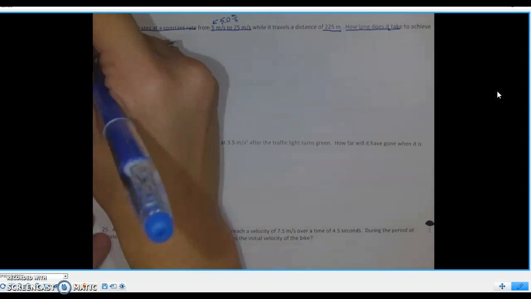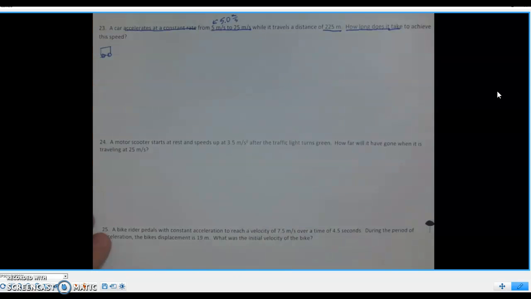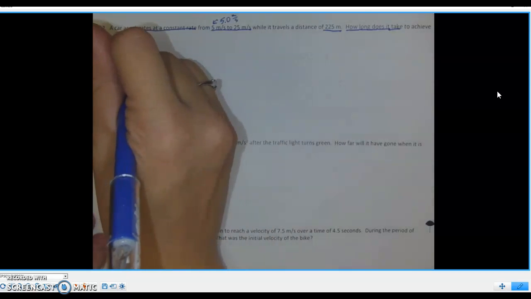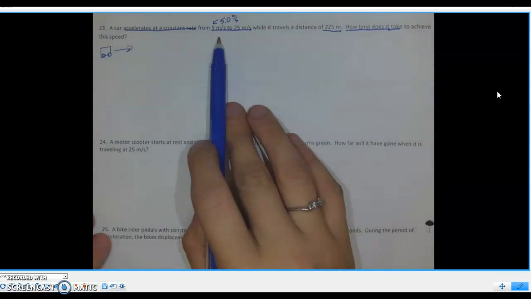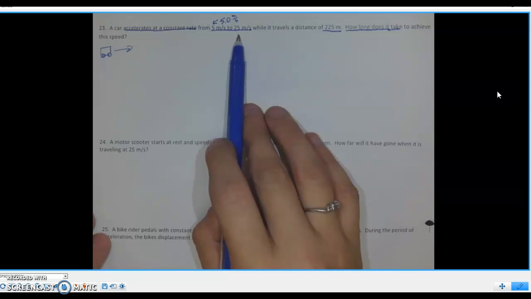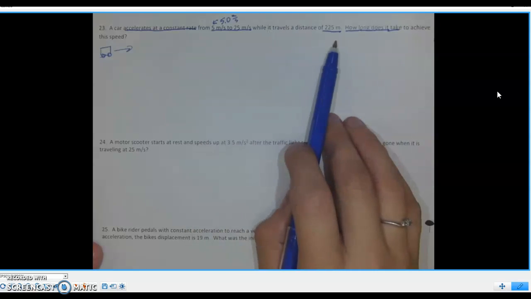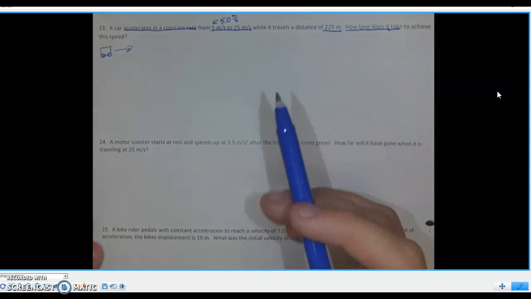So I have a car, right? A car, and it's going down the road, and it's starting at 5 meters per second. It's going to accelerate to a velocity final of 25 meters per second, and during that time it covers 225 meters.